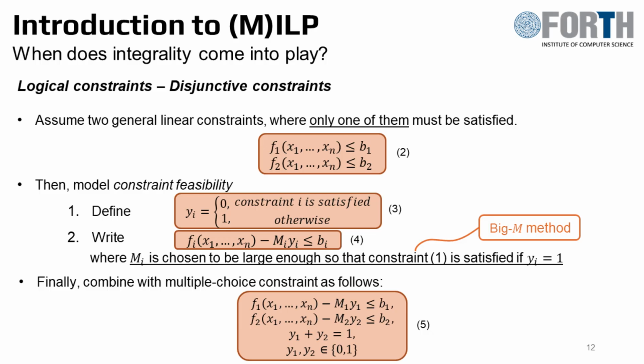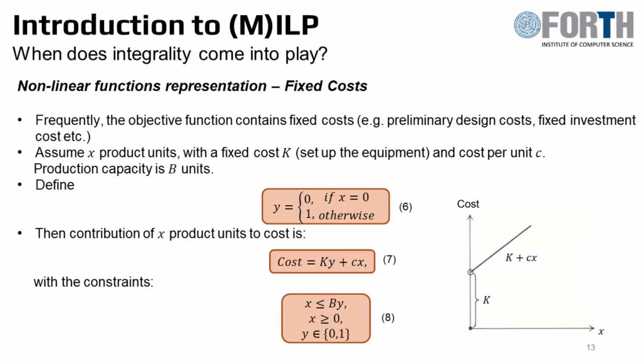This formulation allows logical OR relationships between constraint systems to be represented within a linear mixed integer framework. We are now ready to talk about the last case where integrality arises. This is nonlinear functions representation. In particular, we are going to explore integration of fixed costs in the objective function. In other words, costs that are incurred only if an activity is performed.